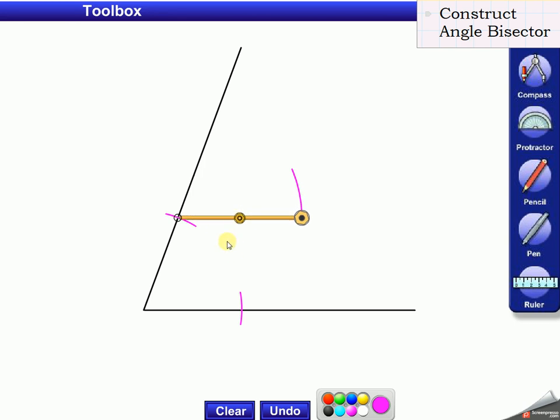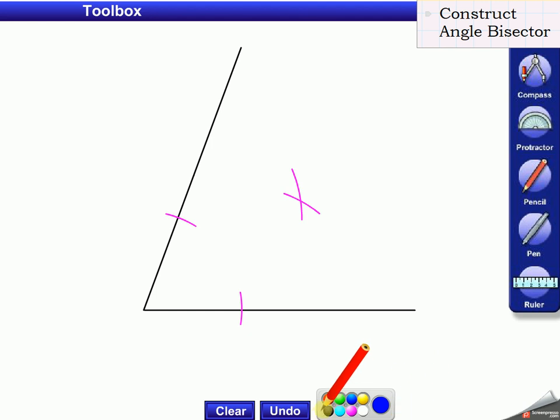So I'm going to do an arc that side and repeat its mirror image. So I'll do the mirror image on that side. I've now created a point that is on my mirror line between the two angles, or the two lines.